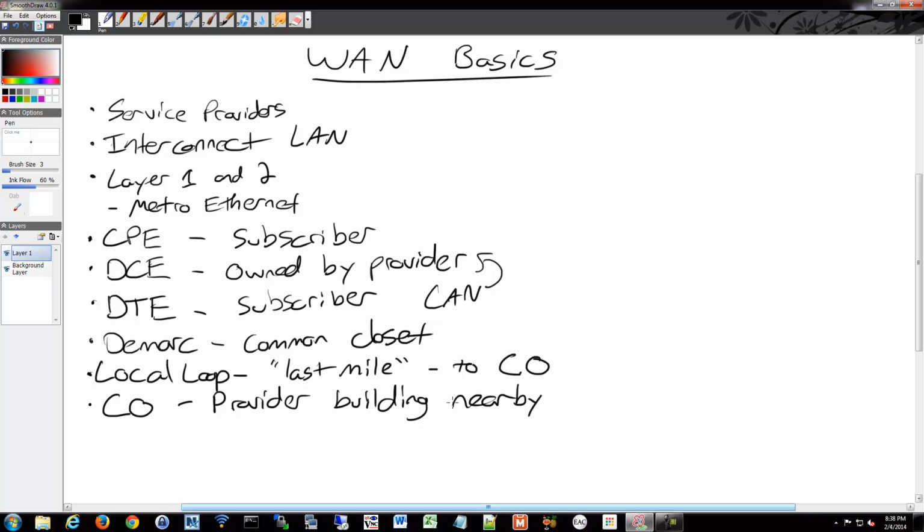For technologies such as DSL, which we'll talk about, there are many central offices that are usually very close nearby, a lot of smaller little buildings that are needed to make that functionality work.